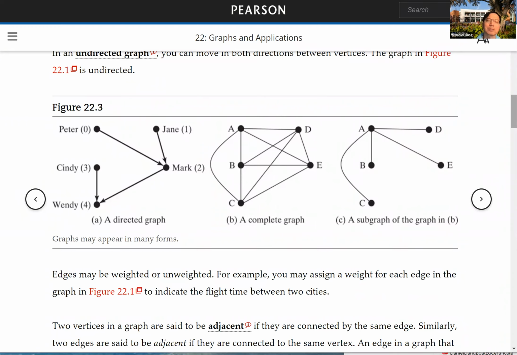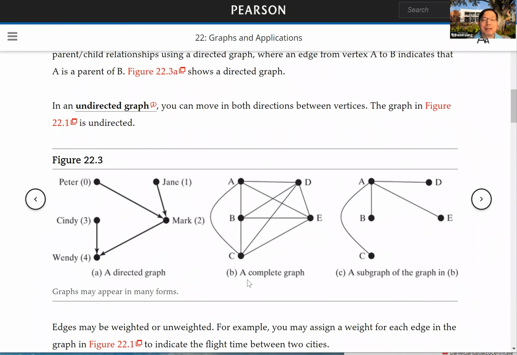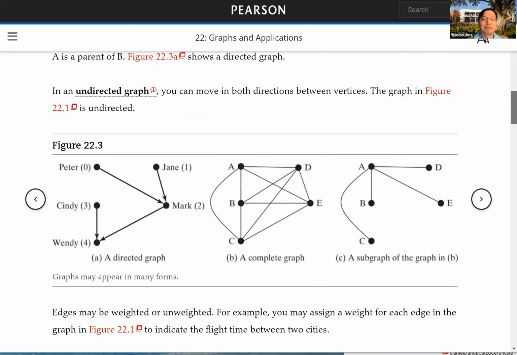We assume our graphs are simple graphs. A complete graph is like this in figure B. Between every two vertices, there's an edge. So this is called a complete graph.